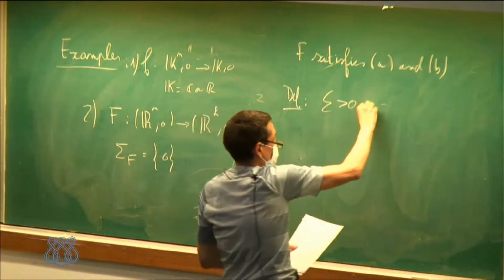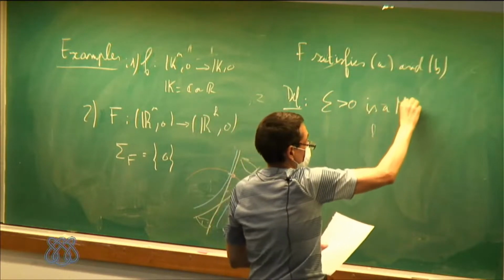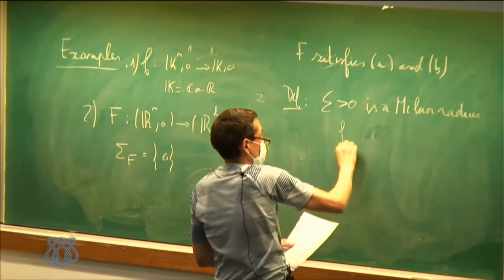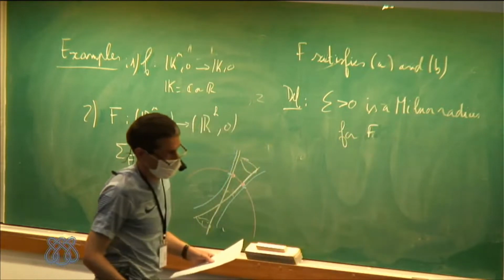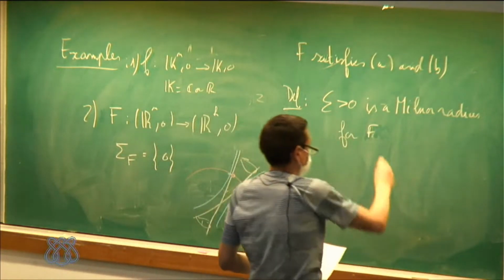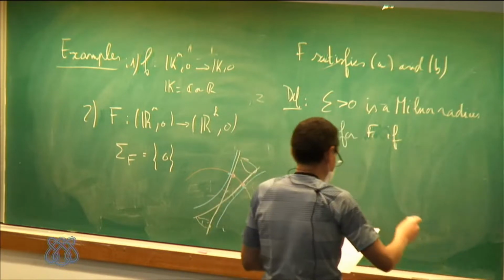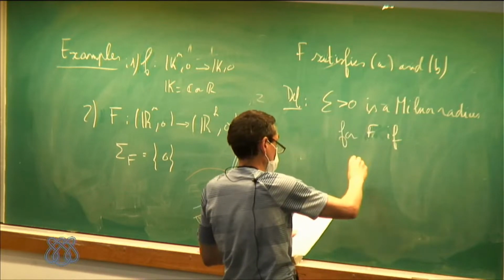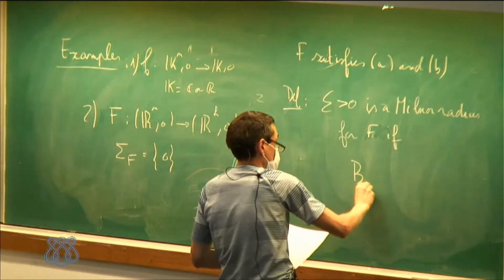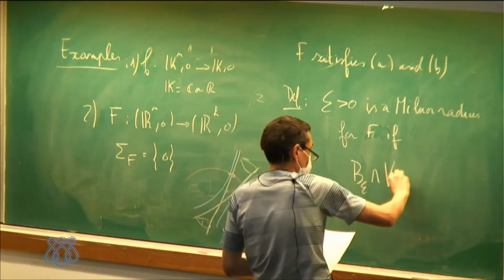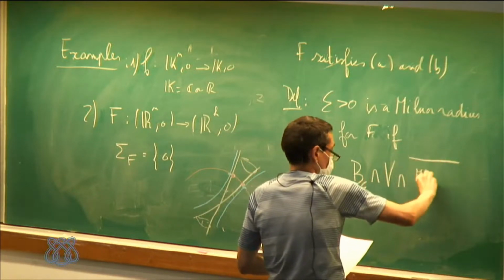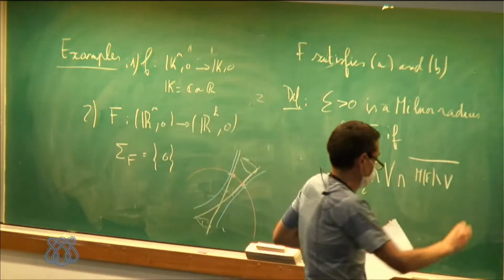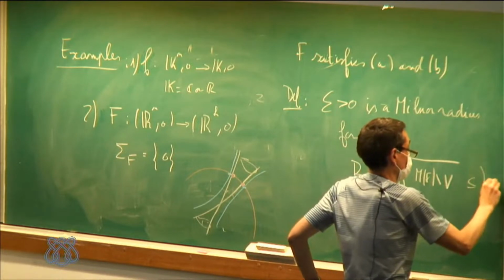Epsilon is a Milnor radius for F if the ball B epsilon intersected with V intersected with the closure of the Milnor set minus V is included in the origin.